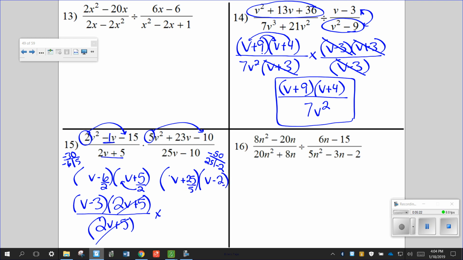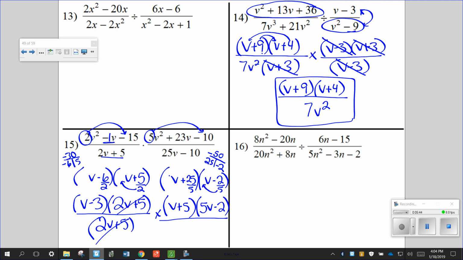Divide both of those by the leading coefficient 5, and if they divide out evenly, like the first one, then I go ahead and do that, so v plus 5. Now negative 2 over 5 doesn't simplify, so I bring the 5 up. And I get 5v minus 2, and that's factored.